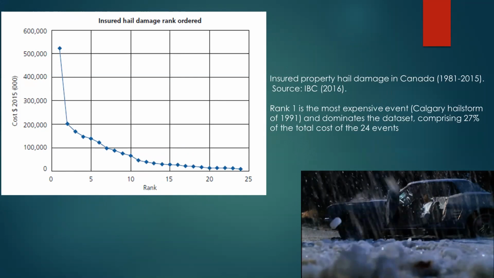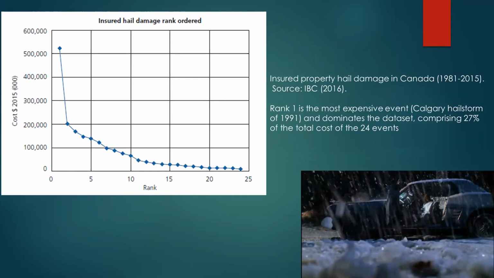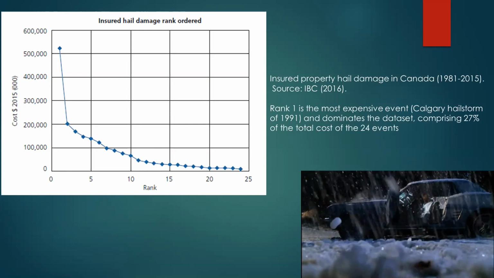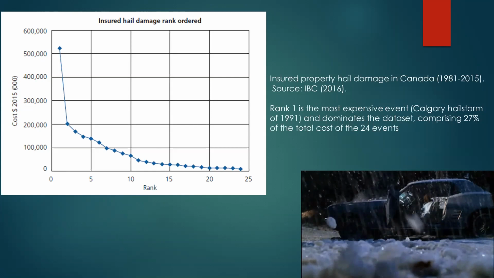And when you have fat tails, what it means is that the very rare events that are also very high consequence tend to account for quite a bit of the cumulative impacts.